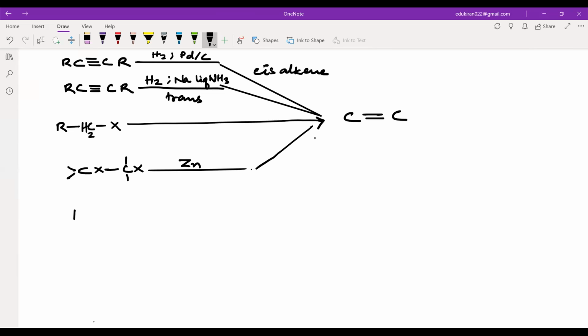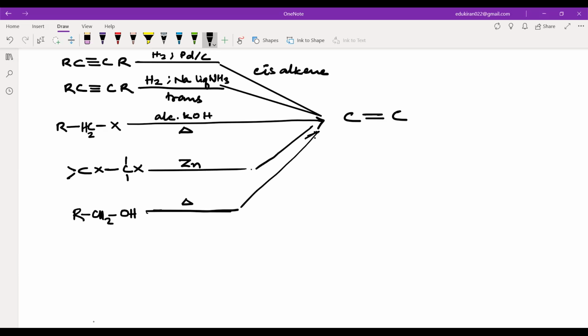Similarly, you will have R CH2 OH, RCH2OH. And for this you need some heat. I did not write any reagent here, right? The reagent will be alcoholic KOH, and there should be some heat.